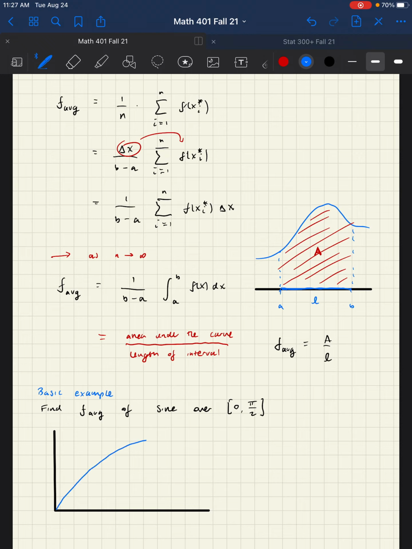So the picture that we're looking at here, at pi over 2 reaches 1. This is y equals sine of x. And we know then that the average value must be somewhere in here. Let's suppose it looks something like that. We're guessing. Don't know.